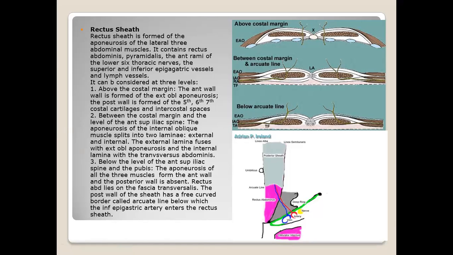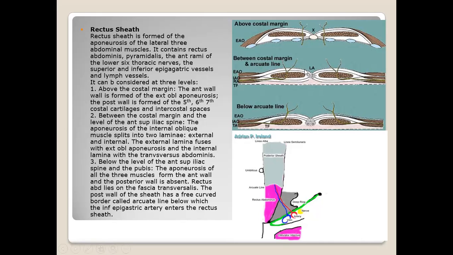When it is not inserted to the bone, but becomes flat and thin like a sheath, it is called aponeurosis. Here you can see the external oblique, internal oblique, and transverse, all three muscles from superficial to deep. When they come here, they become thin like a sheath. They are not attached to any bone, so they are not called tendons, but aponeurosis.